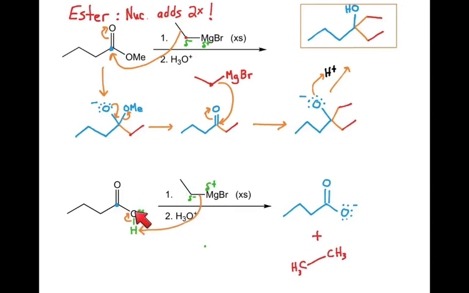It's not compatible with carboxylic acids. So really 2 important cases here. Esters, the nucleophile adds twice because this species is unstable, and carboxylic acids are not compatible. You do not do the Grignard reaction here. The Grignard reagent will simply deprotonate that to get our species here.